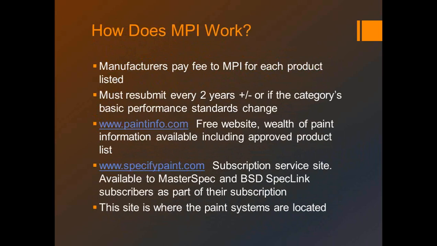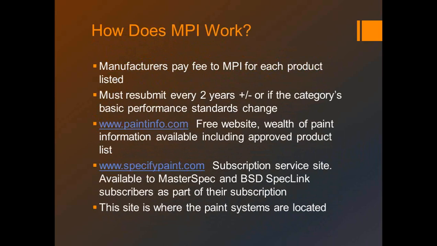MPI will review the information or they will do the testing of the product depending upon what the category is calling for, and they will either allow us into that category or not. Then we have to resubmit after a couple of years, or if the category's basic performance standards change, and again there will be a resubmittal fee. But we do fund MPI in the way that we put products into the categories.